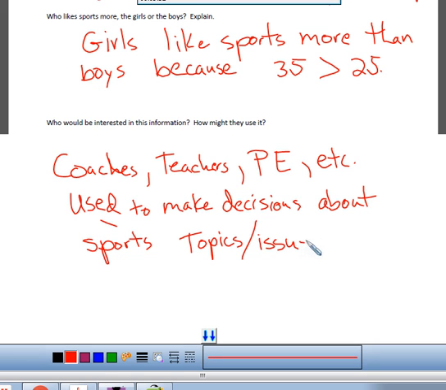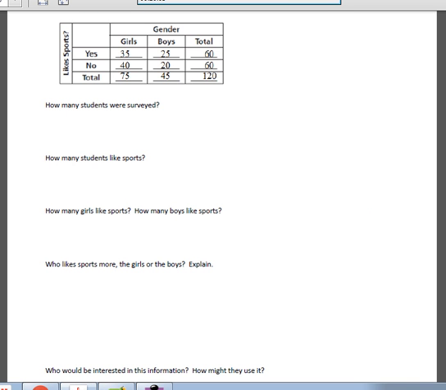If a school district is trying to decide whether they want to have more sports for students to participate in or fewer sports, or teachers maybe want to decide whether they should use sports as examples. There are lots of different people who might use this and ways they might use it. We can't really get that information from the table. This is something we have to answer based on our own experiences, so there's really no right or wrong answer about that.